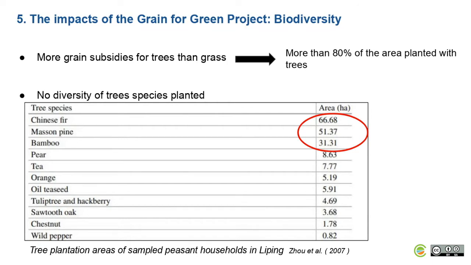In this map, when we take the example of the Leping region, we see that more than 80% of the trees planted were only 3 kinds of trees, whereas all the other kinds were planted in only about 20% of the area. And that is why GGP raised a really big problem on biodiversity.